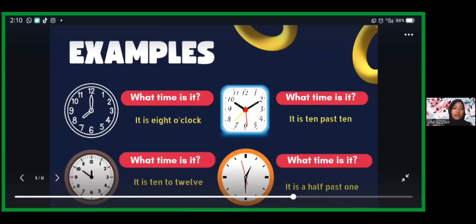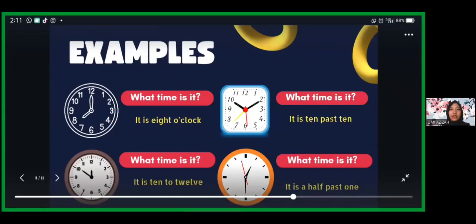It is 8 o'clock, like that. What time is it? It is 10 to 12. Why use to? Because the minute hand is in more than 30 minutes, yeah. If more than 30 minutes, use to. It is 10 to 12.